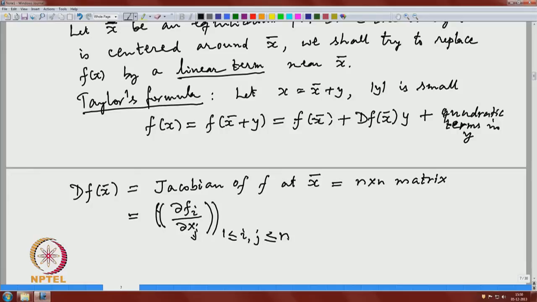That is the matrix. And these quadratic terms in y, we write as O of mod y square.